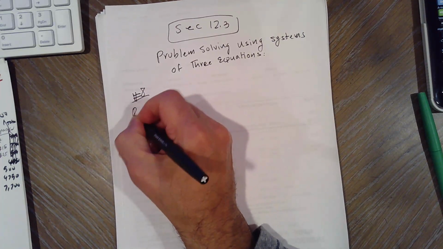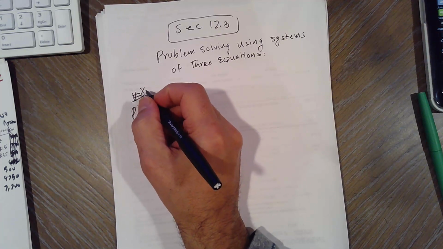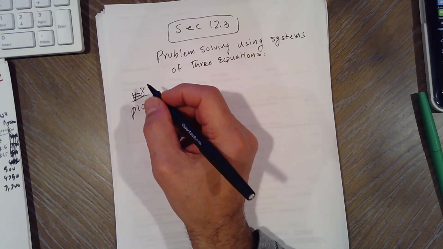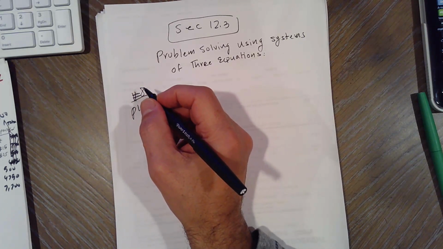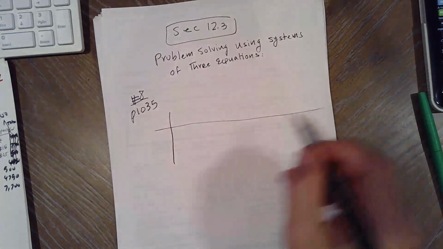Number 8, page 1035. Let's see what it says. A company makes a total of 500 puppets in three sizes during a production run. So there are three sizes.